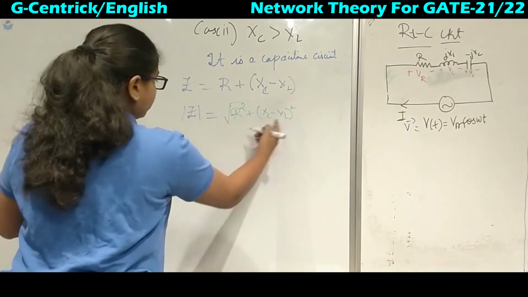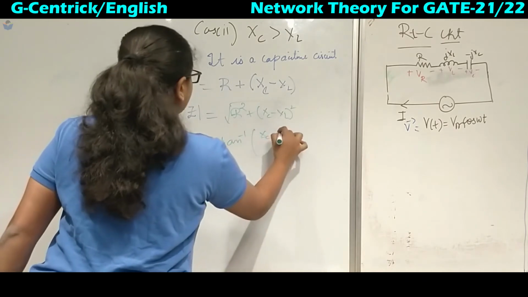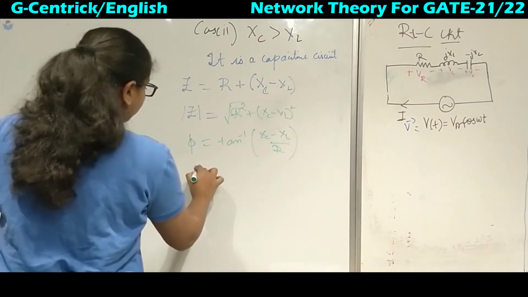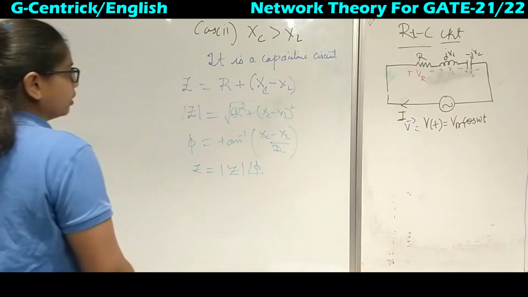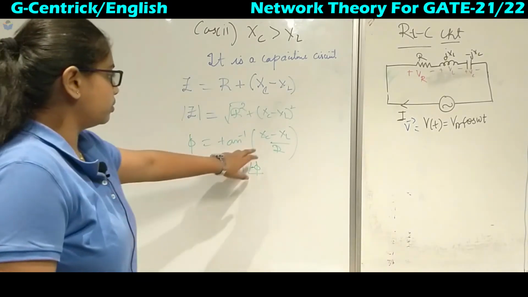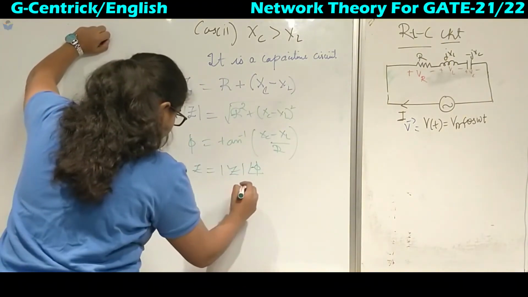So this is over. Then what will be phi? Tan inverse of imaginary part upon real part. So magnitude of Z is magnitude of Z at angle phi, and this will be minus phi because of the minus jX, so it will be minus. Next, what will be there?